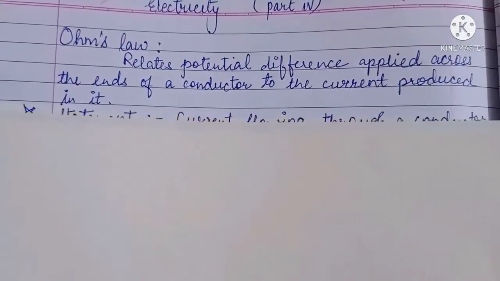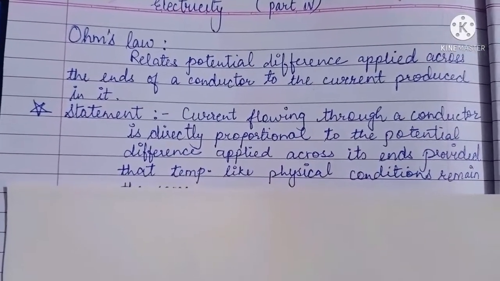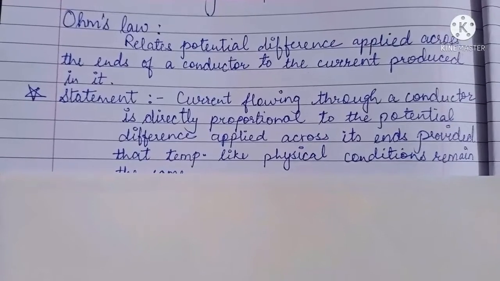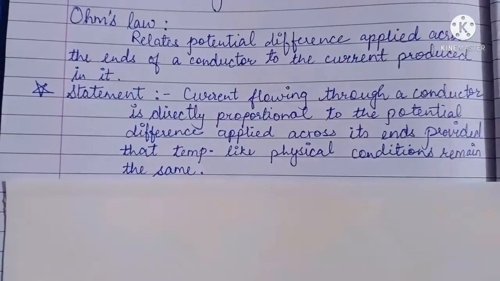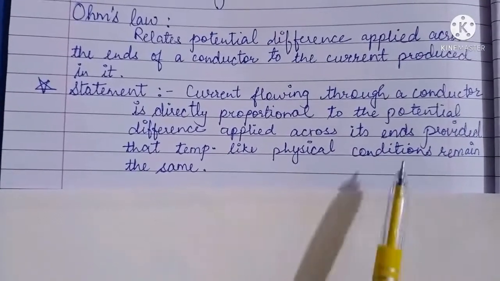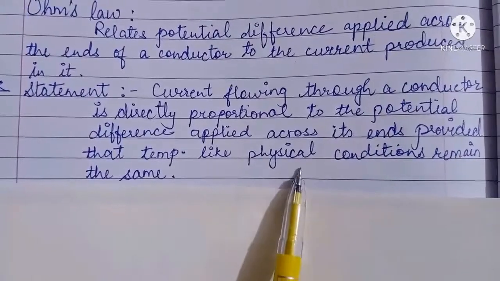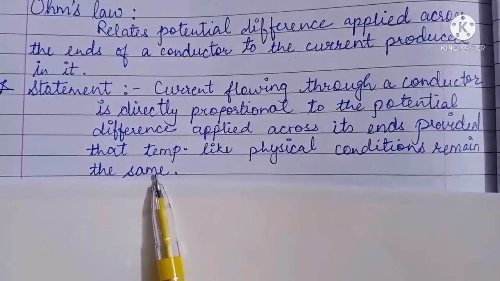Now, how do we state Ohm's law? The statement is that the current flowing through a conductor is directly proportional to the potential difference applied across its ends, provided that temperature and other physical conditions remain the same.